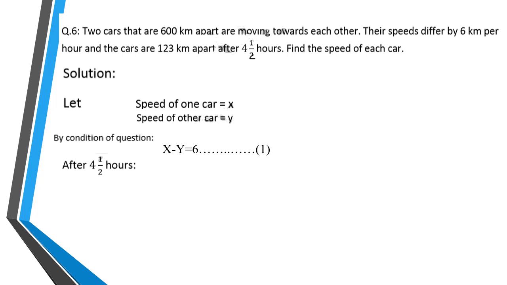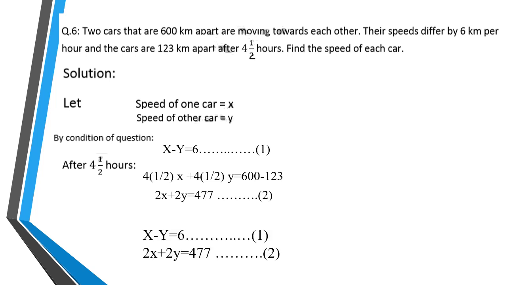Both cars will cover the distance 600 minus 123 km. Cancel out 4 with 2. The equation becomes 2x plus 2y is equal to 600 minus 123, which is 477. This is equation number 2.